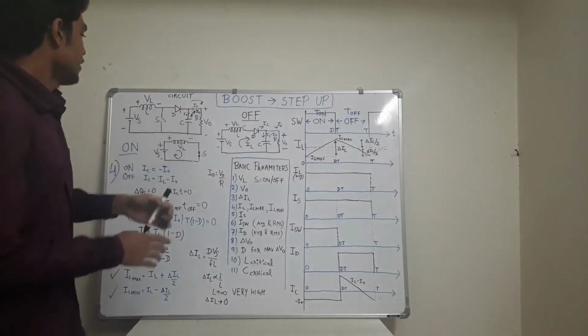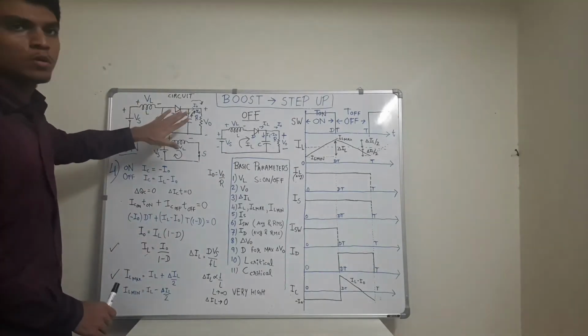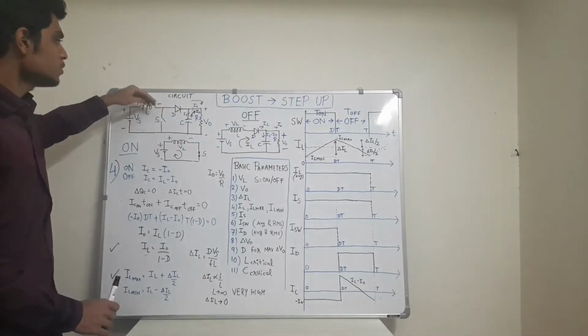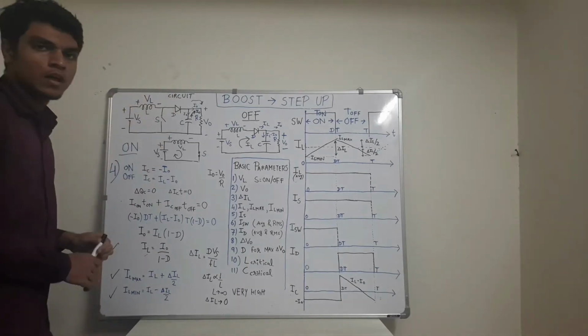We can see that whenever this switch is on, IL flows through the switch, it does not go to the load. But as soon as the switch gets off, the IL flows through the load.